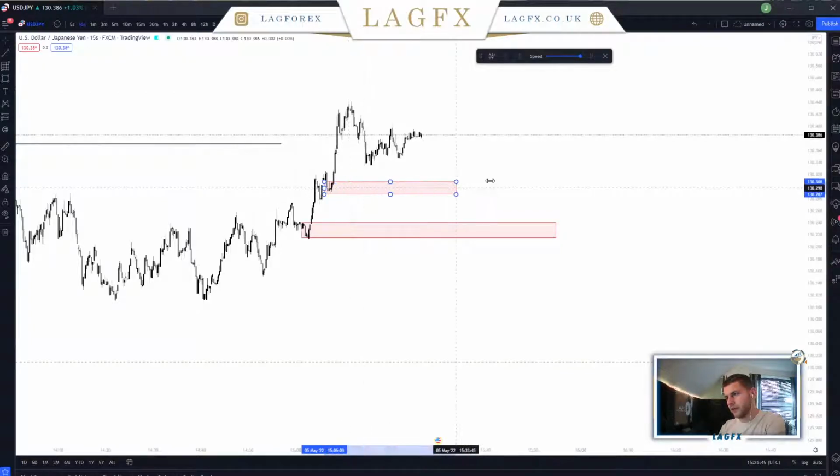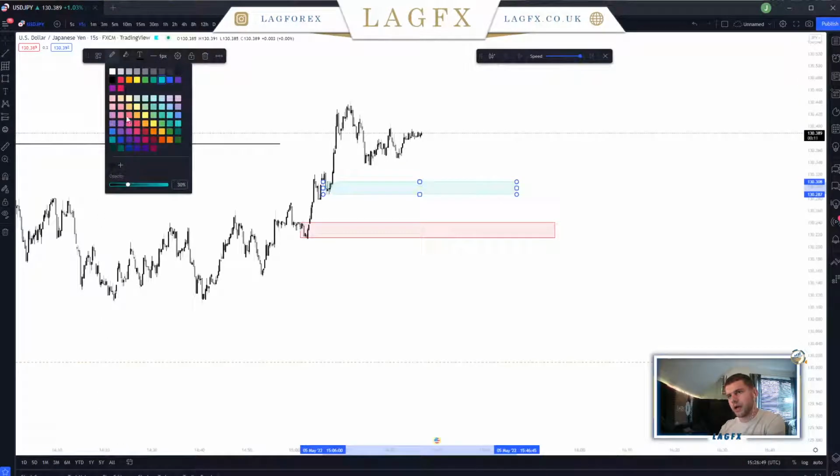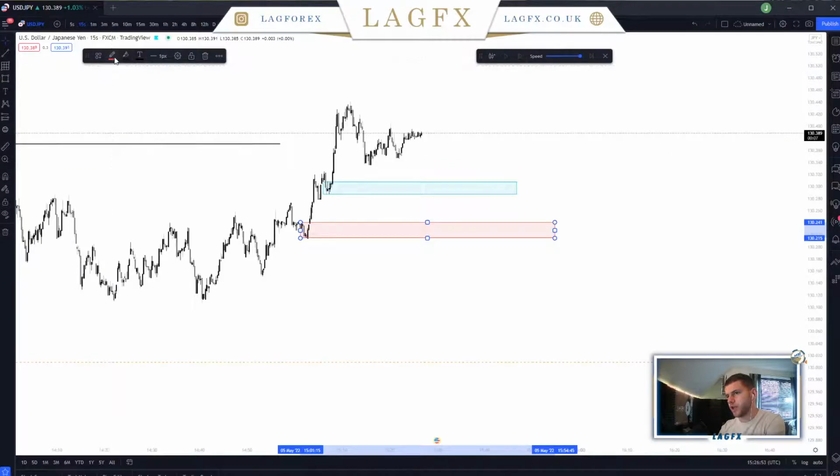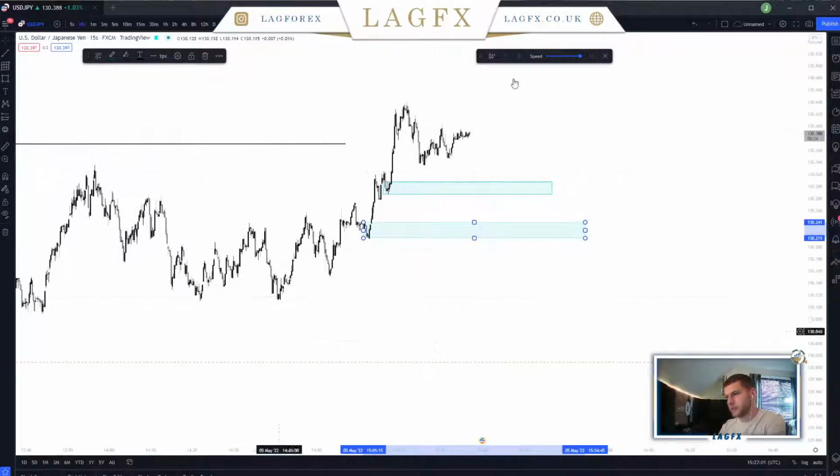So just to add, they are 2 demand zones I'm just going to leave on the market before we wrap up, that I'm thinking price could potentially react to, because in my eyes, this down here is a protected low. This is an impulse, retrace, impulse. We've obviously displaced that, so we know this is an impulse. We know that this low should be protected.